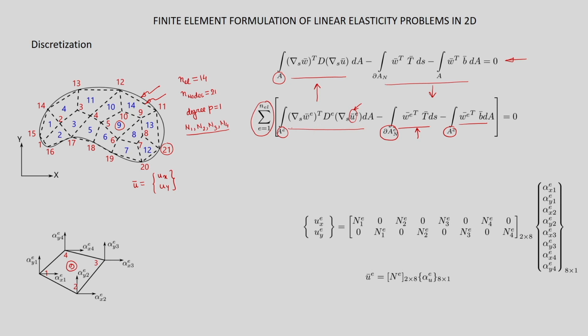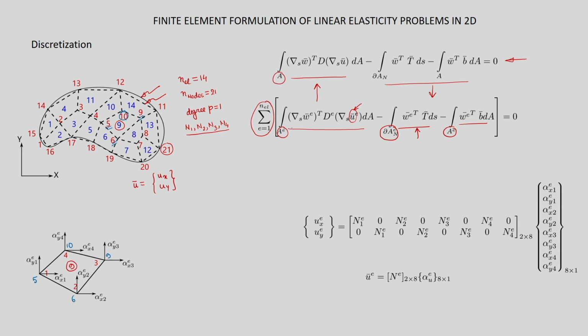These red numbers 1, 2, 3, 4 are the local node numbers for element 9. The corresponding global node numbers I can write as 5, 6, 9 and 10, as can be seen in the mesh. Okay. The global node numbers for element 9 are 5, 6, 9 and 10. So, this is node 10.